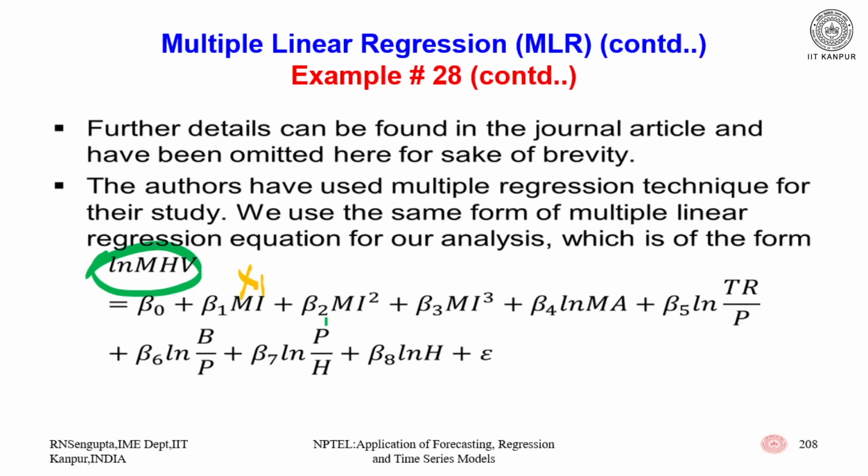So, rather than take MI, which is the median income, the square of that is taken and tested, that is near to normal. So, that would be x2, in the sense MI square is x2, not MI.